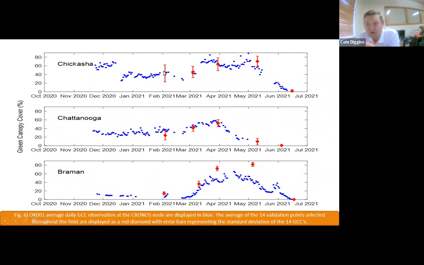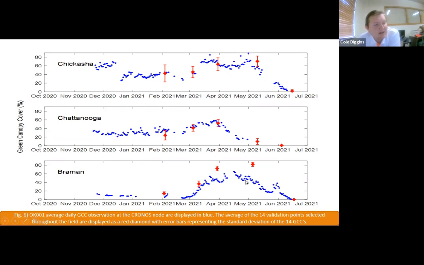So we took a green canopy cover picture, and that is where the average comes from for this data. And then, as you can see, even throughout the field, we saw some pretty wide variability in the green canopy cover measurements at the Chickasha site, but had overall decent agreement at these two sites.